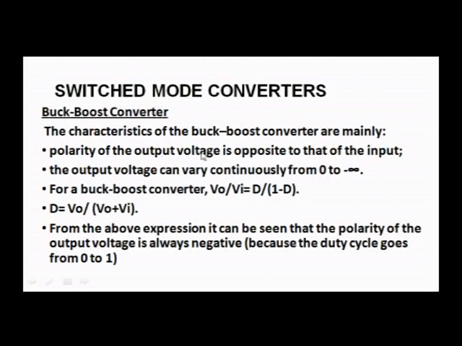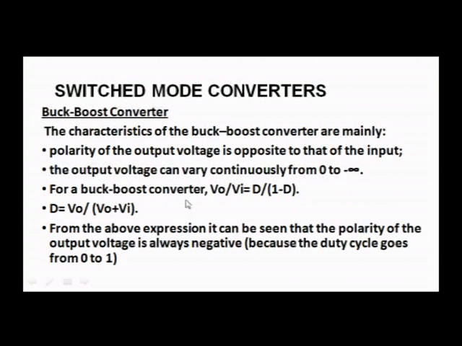Now, the characteristic of the buck boost converter: how is it different from a buck or a boost converter? The polarity of the output voltage is opposite to that of the input. As I already told you, the polarity of the output voltage is minus, and the output voltage can vary continuously from 0 to minus infinity.